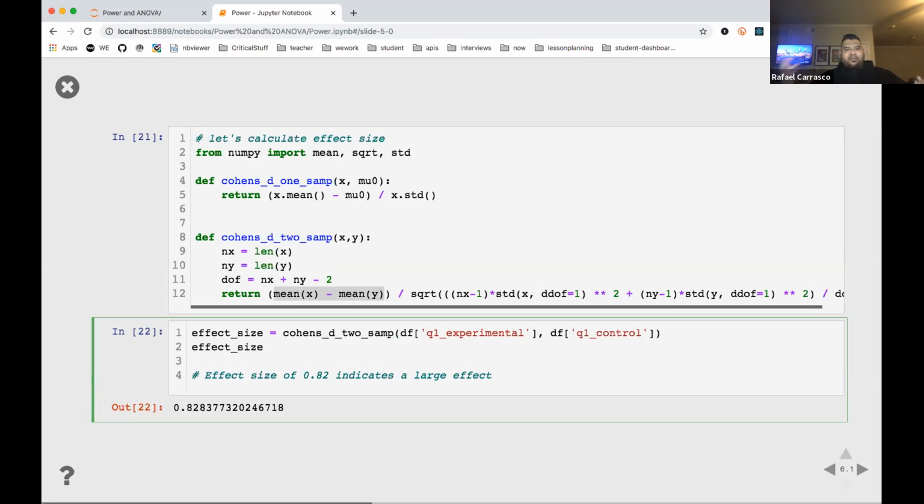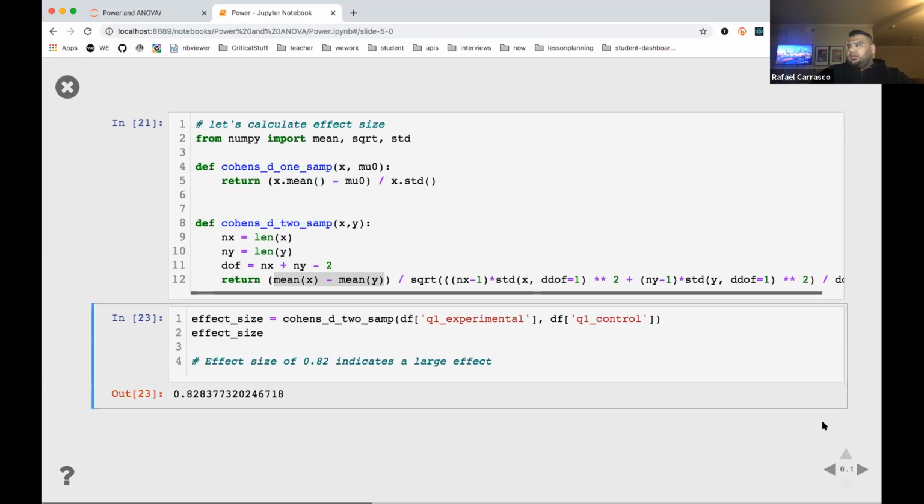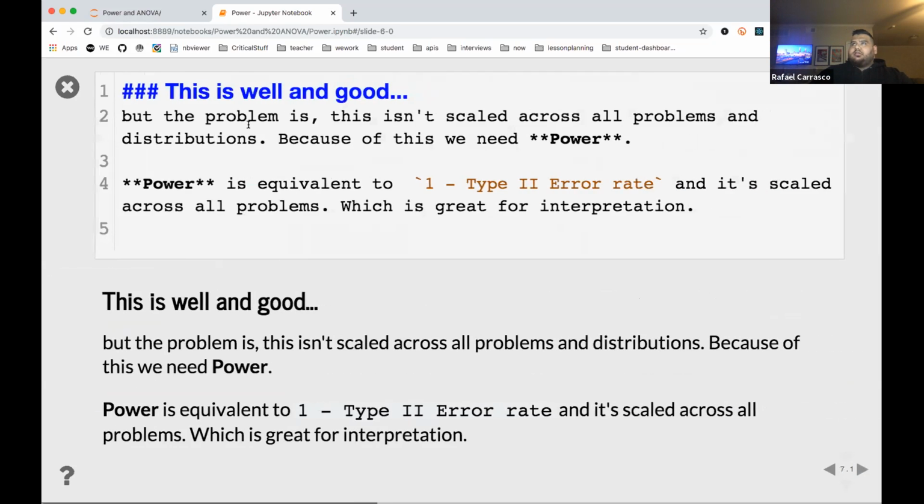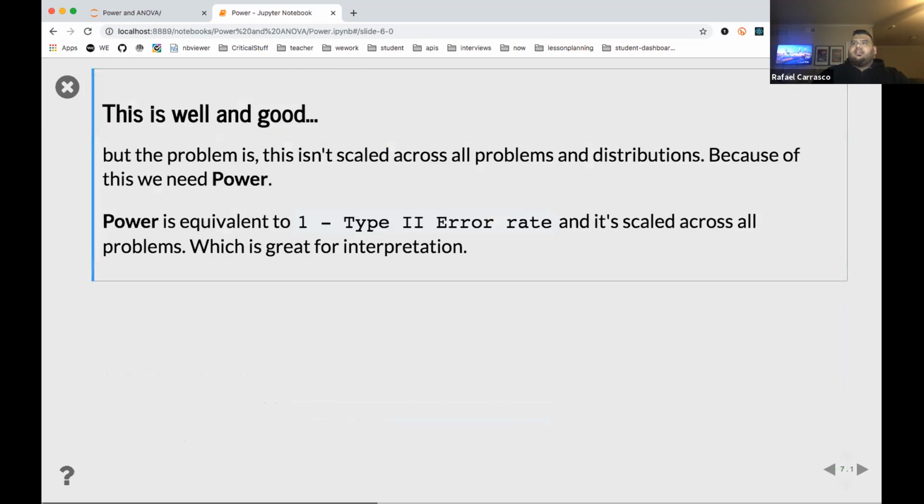So whatever experiment we were running, we did see a large effect on the mean of the two groups. And this is all good, except the issue is that effect size itself isn't something that you can interpret from hypothesis test to hypothesis test.